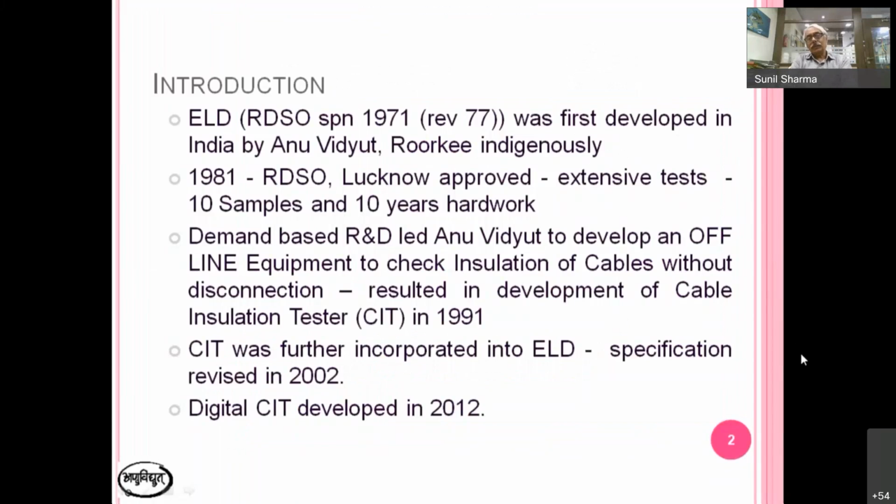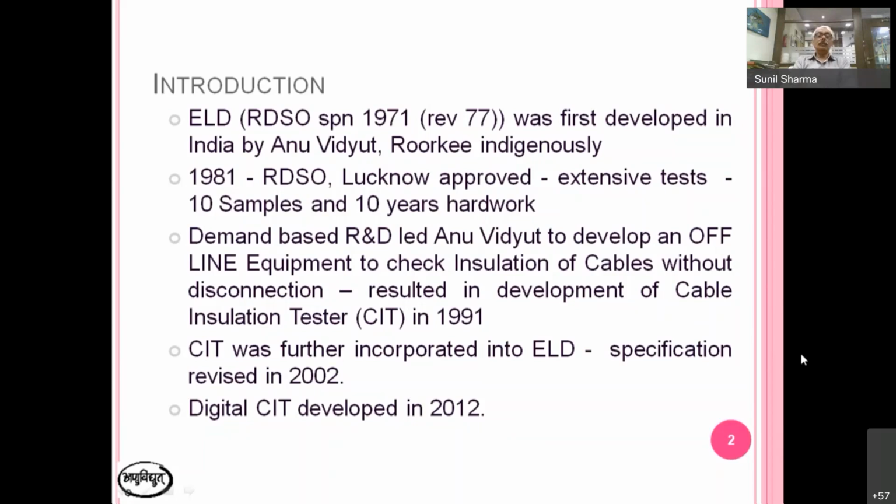In the introduction, ELD is nothing new. Its first specification, ADSL, was published in 1971. They revised it in 1977, and we developed it in 10 years of hard work. After that, we also developed an instrument called CIT in 1991.